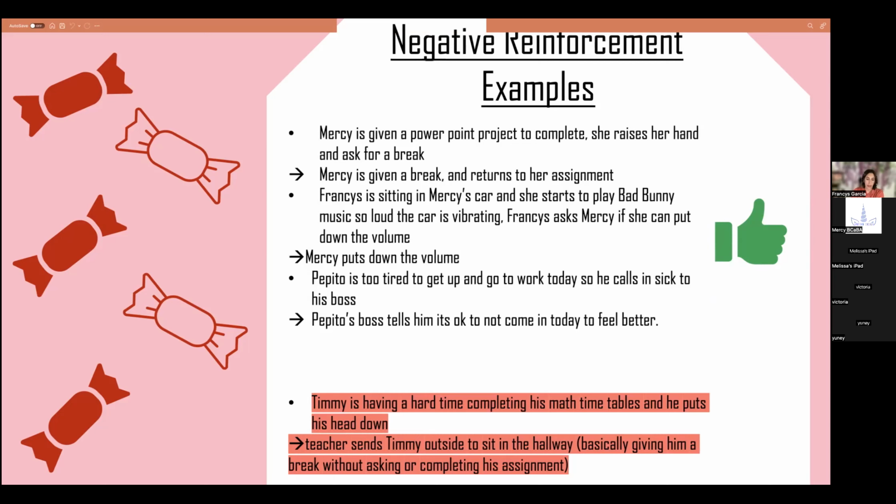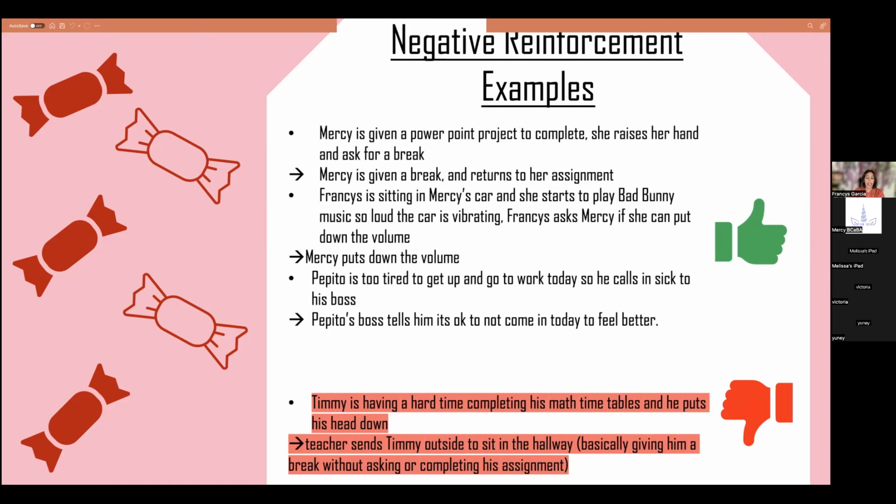Now, this example on the bottom, which is in red, is Timmy is having a hard time completing his math timetables and he puts his head down. Okay, so we're in a therapy session. Timmy doesn't want to do his tasks. He gets upset. He puts his head down. This is what the teacher responds. The teacher sends Timmy outside to sit in the hallway.